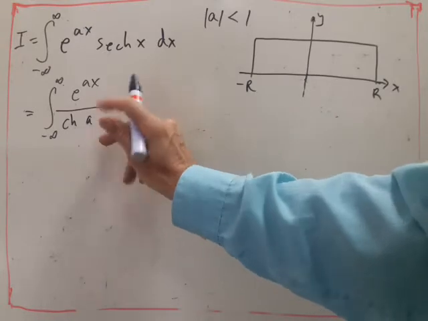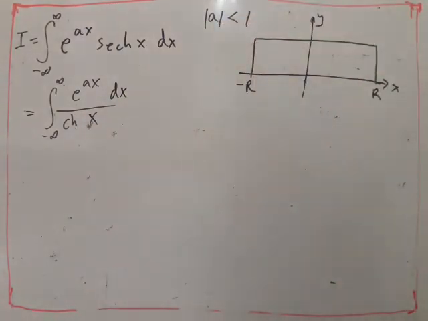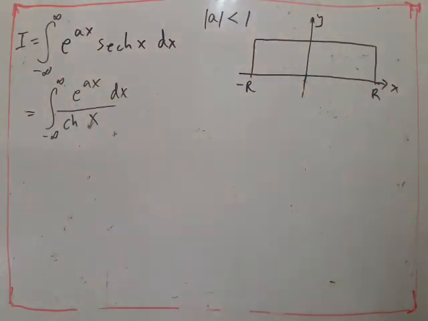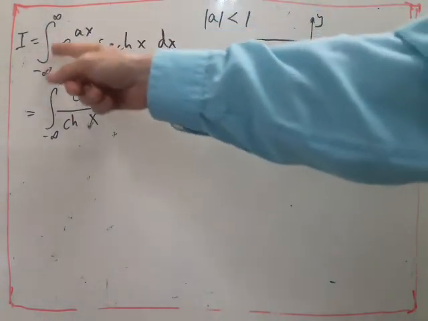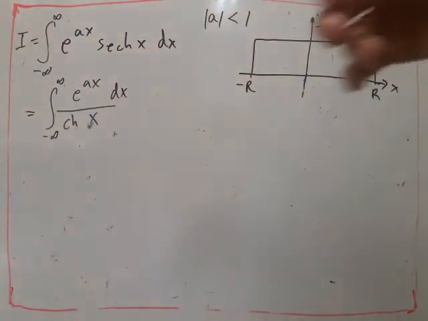cosh of x. Incidentally, this condition on A is important. As soon as we see an exponential, we should be worried if the integral is from minus infinity to infinity, because obviously this part here goes to infinity in either of those limits.